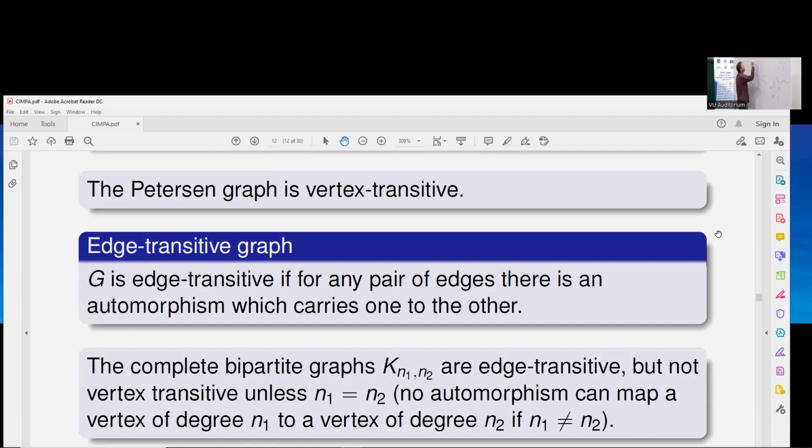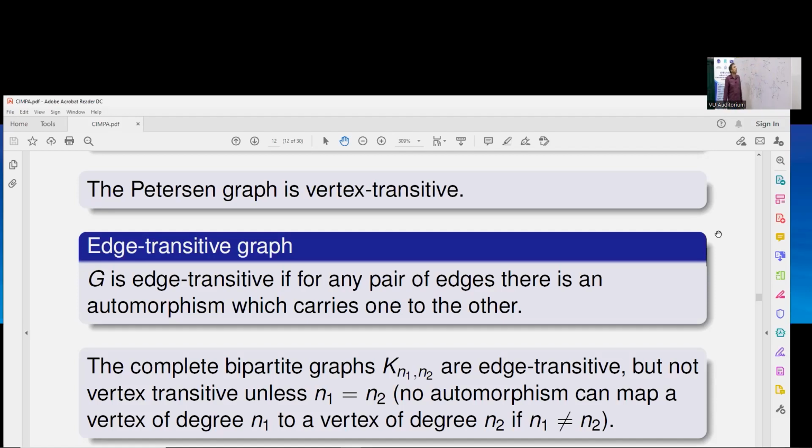K(2,3) means you have two partite classes. The first one has two vertices, and the second one has three vertices. Complete means every vertex from one partite set is adjacent to every vertex in the other partite set, but nothing in the same partite set is adjacent.